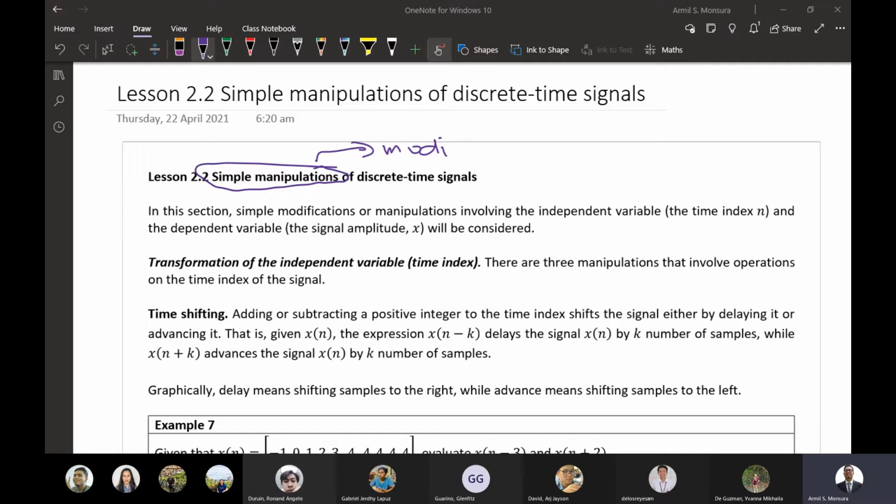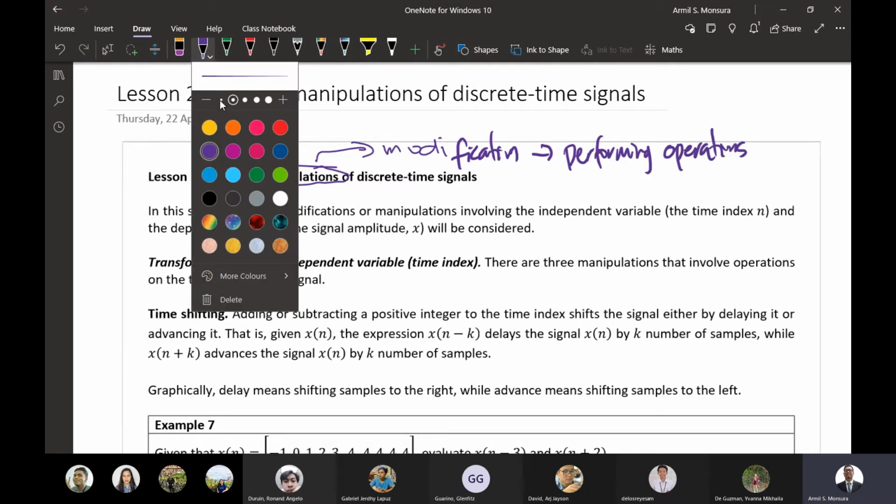Okay. So when you say modification, essentially, the way you can modify signals, or the way you can modify discrete time signals or your data, is essentially by performing operations on these signals.